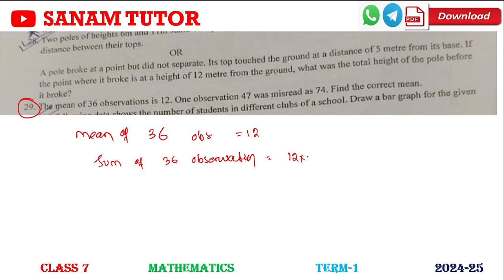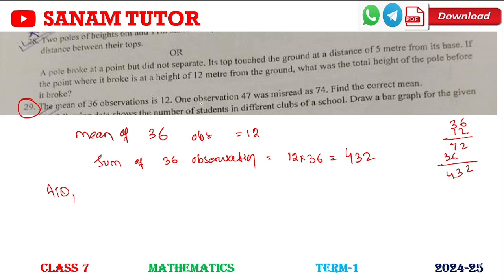So 12 into 36. So multiply 36 into 12. So 72, then 36, 2, 13, 4. That is 432.